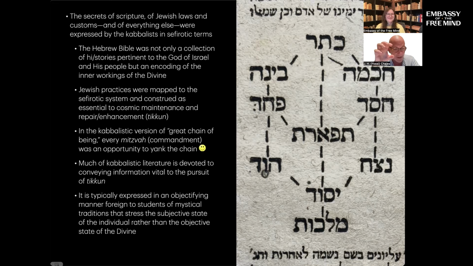including the maintenance of the divine itself, because there's a kind of central drama in Kabbalistic thought, which is that the divine is in need of human assistance to achieve its own harmonization and restoration. So I wrote here, in the Kabbalistic version of the great chain of being, every commandment was an opportunity to yank the great chain of being.